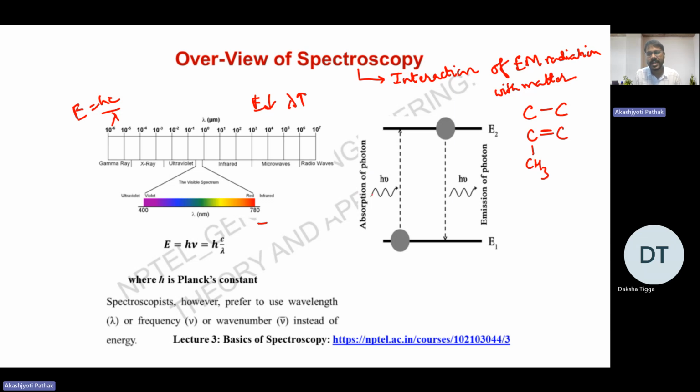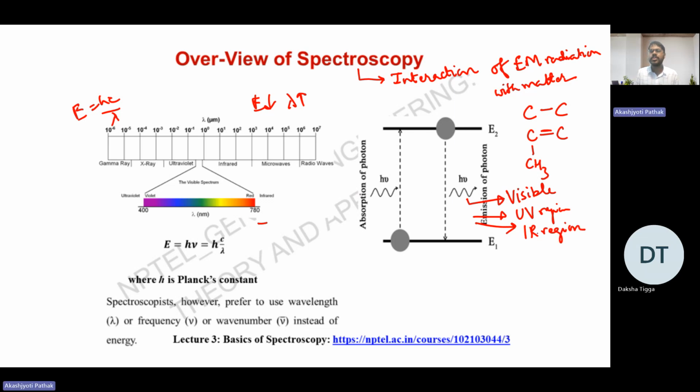So this energy h nu will be absorbed by the electron, and it will jump to the higher energy state. Now, when it comes back to its lower energy state, the energy that it releases can be in the range of the visible region, it can be in the range of the UV region, or it can be in the range of the IR region.